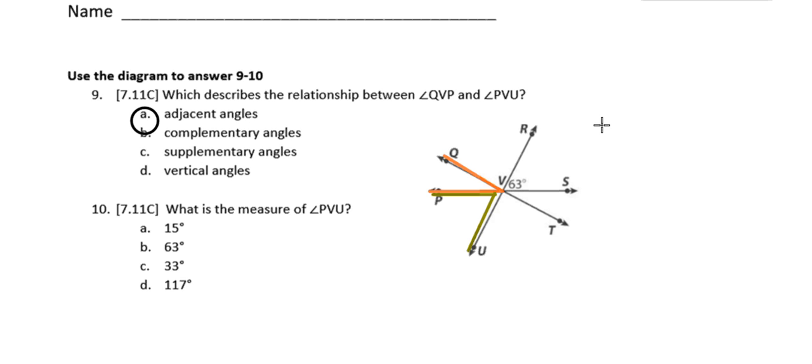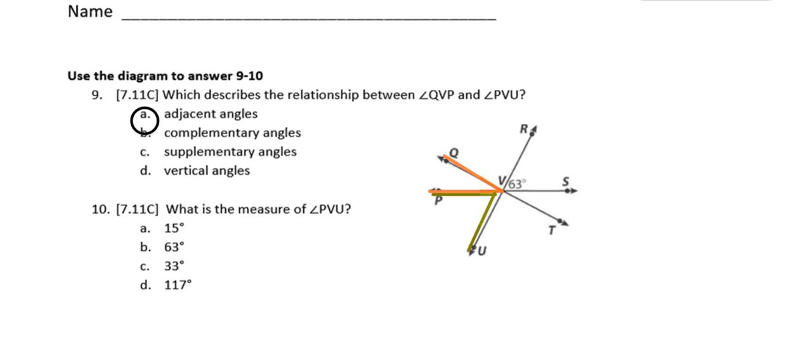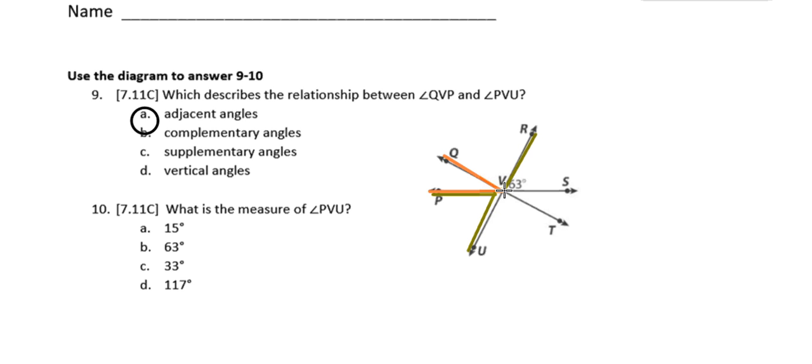But the next one is a little simpler. What is the measure of PVU? Well, PVU is the same as RVS. The two green ones are the same.